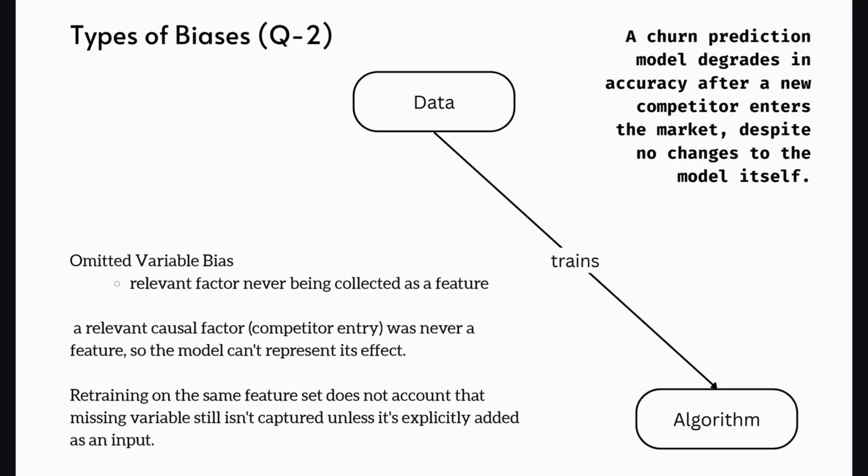If a churn prediction model has to figure out whether this system is better or that system is better, it has to take into account all the competitors as well. Hence, the degradation would mean that a relevant factor, checking with different competitors, was not included in the feature set. Hence, omitted variable bias.